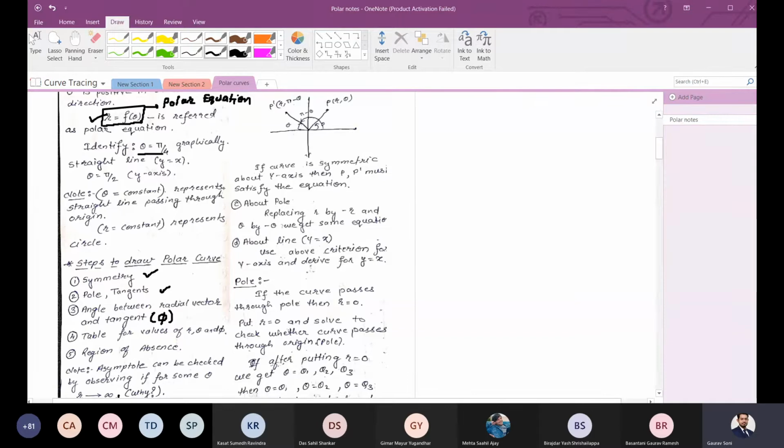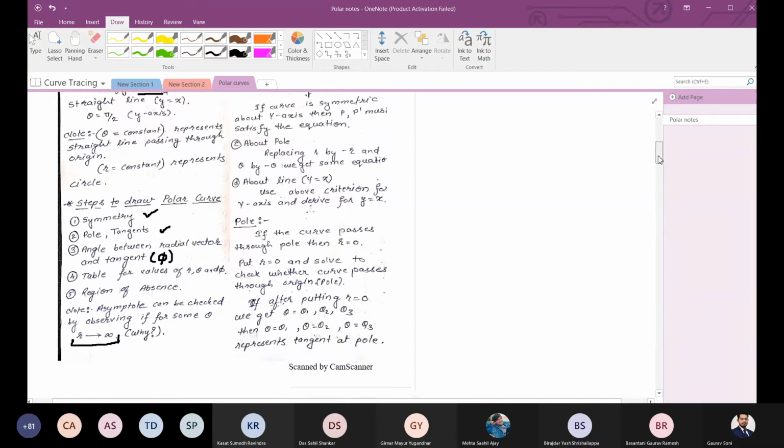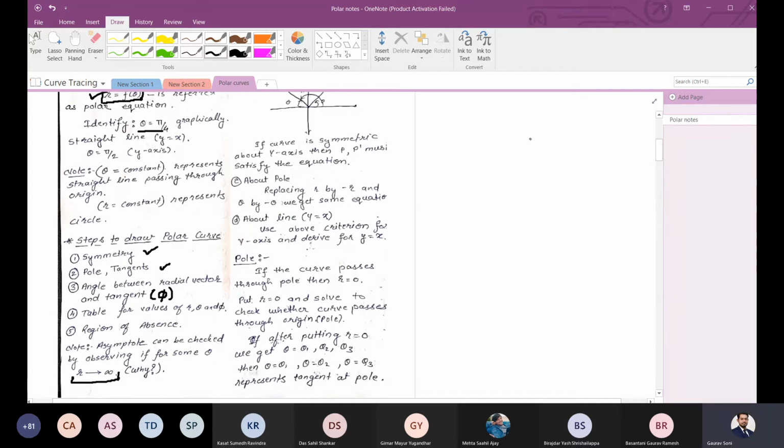At the next point, we see whether the curve is passing through the pole or not. What happens at a pole? r will become 0. r represents the distance from the origin, or the pole. So if a curve passes through this, wherever it passes through the origin, at that point r will become 0.